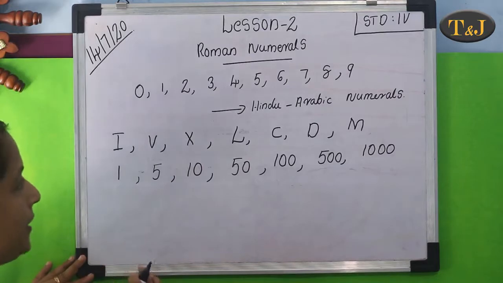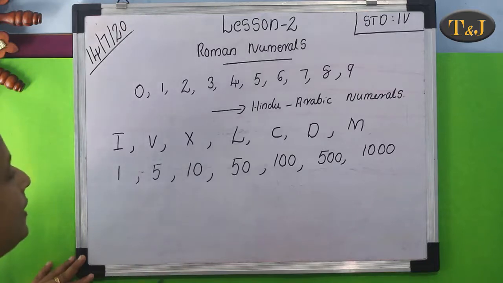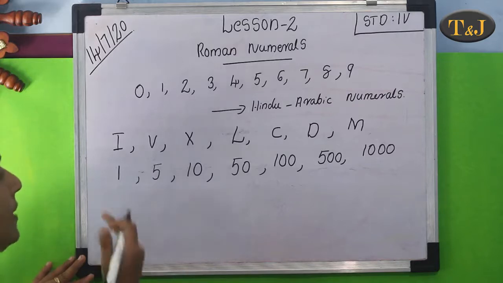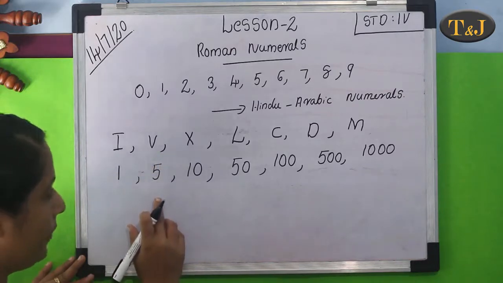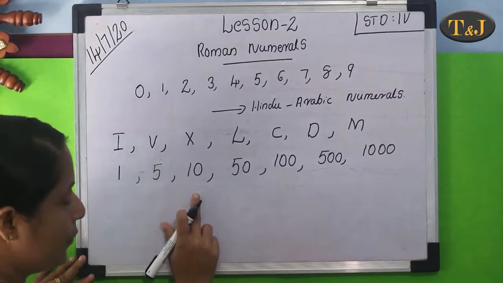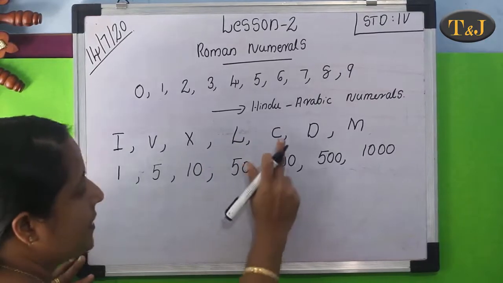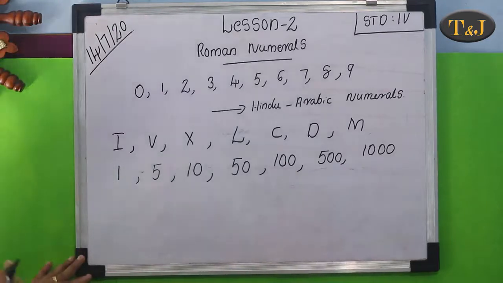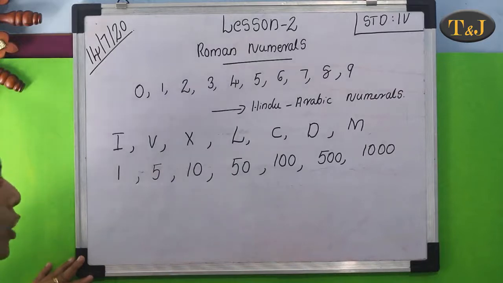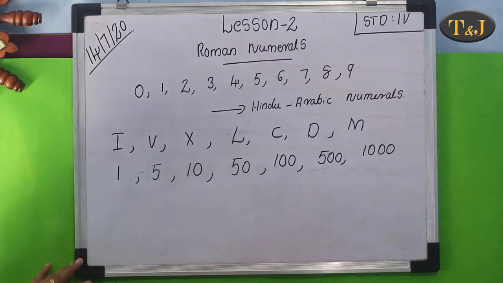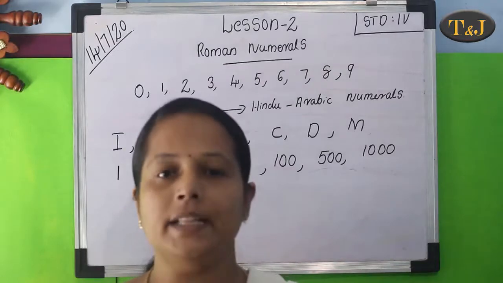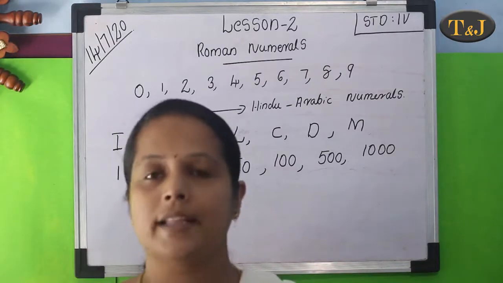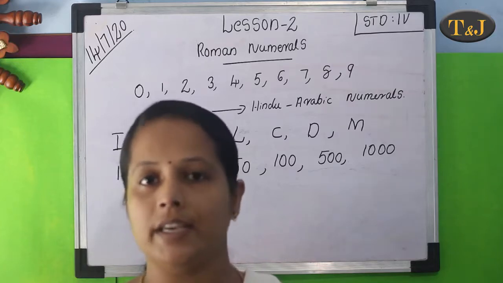In Roman numerals, we are using the 7 letters of the English alphabet, that is I, V, X, L, C, D and M. In Hindu Arabic numerals, I is 1, V is 5, X is 10, L is 50, C is 100, D is 500 and last M is 1000. All of you study this table.